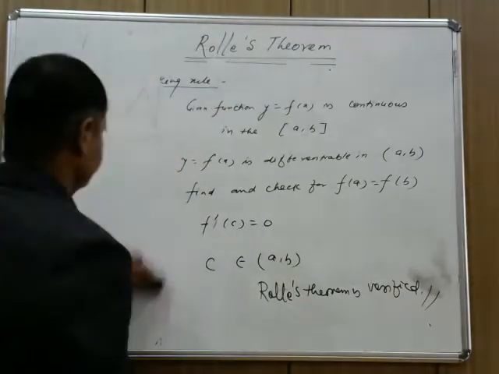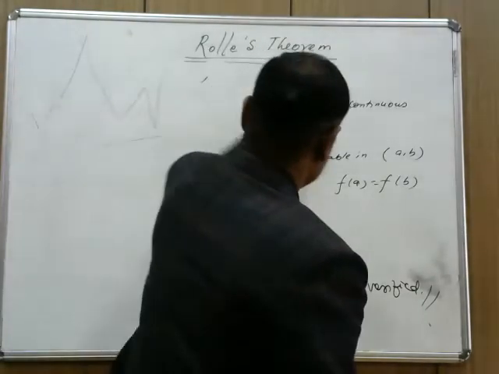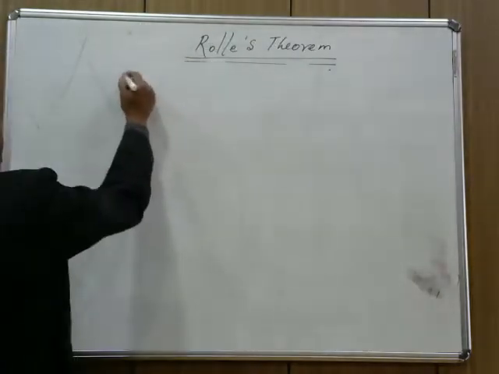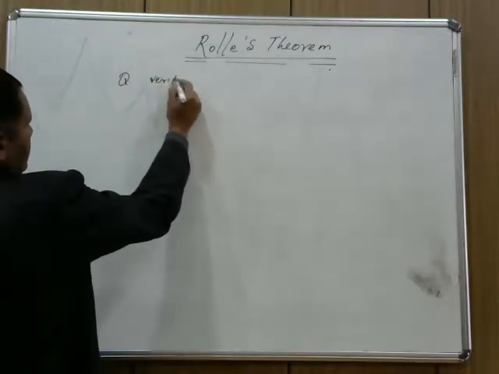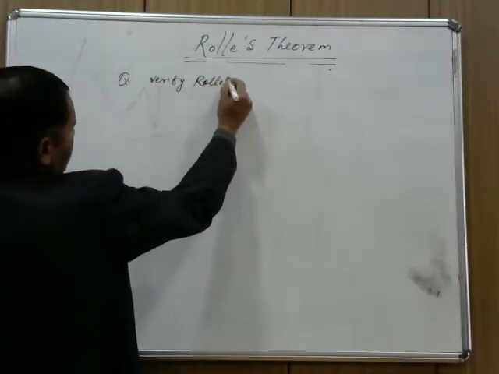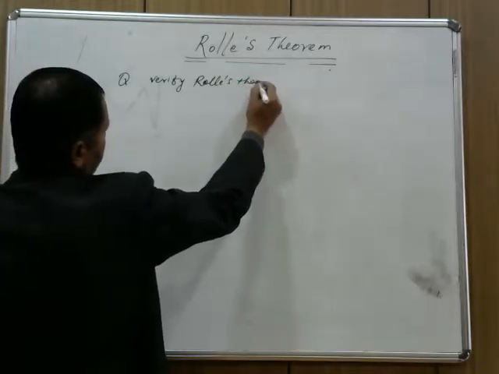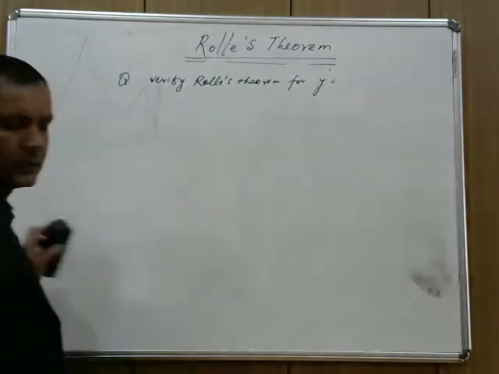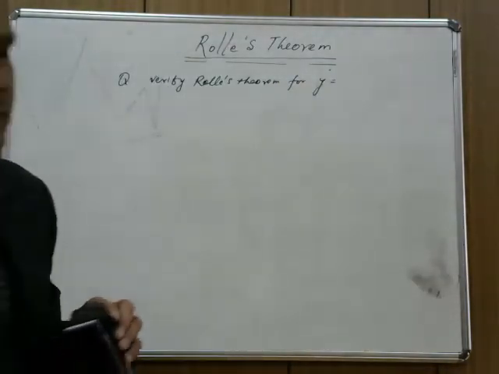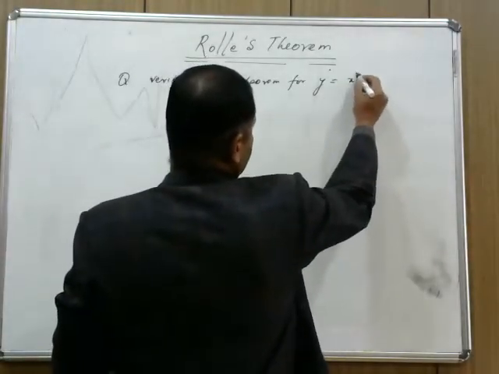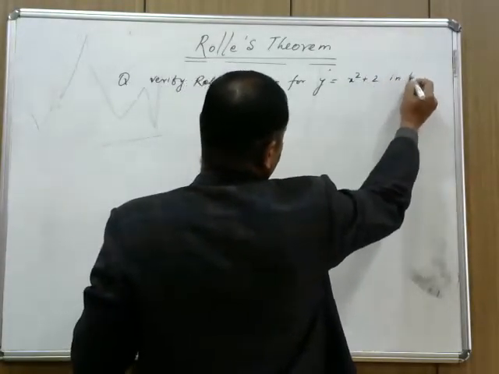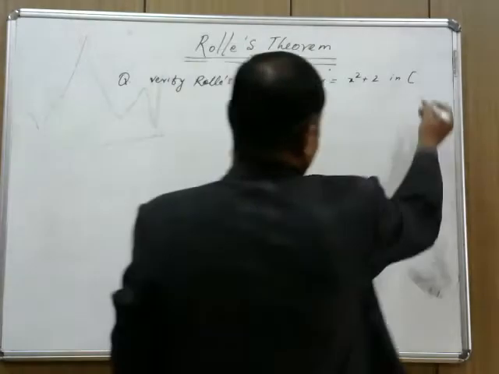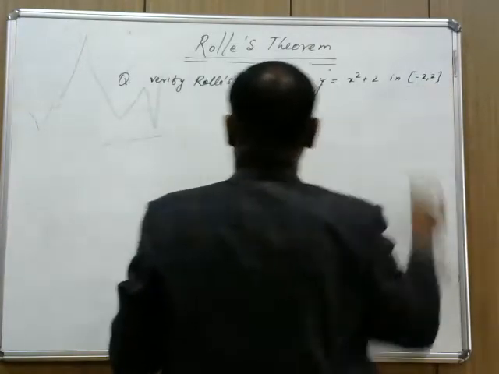The question is, verify Rolle's theorem for y is equal to x square plus 2 in the interval minus 2 to 2.